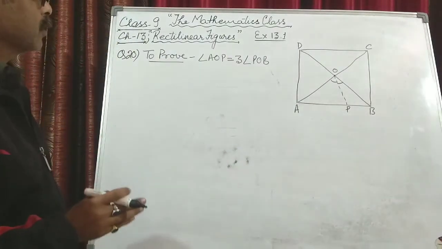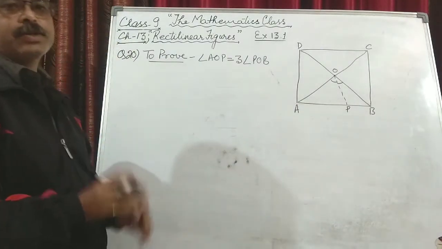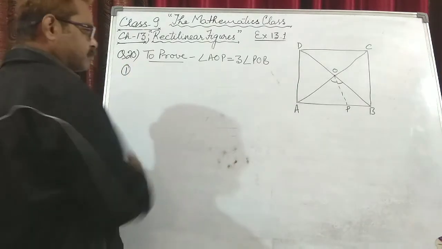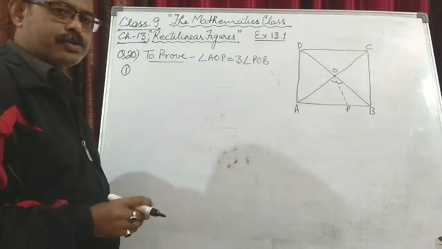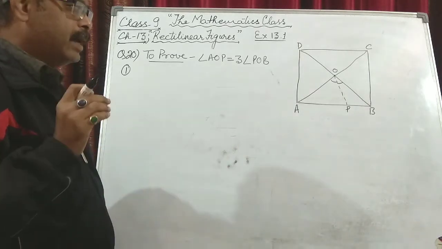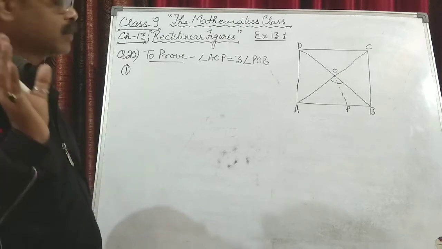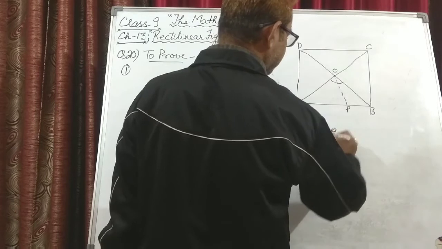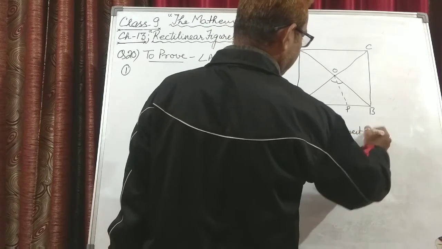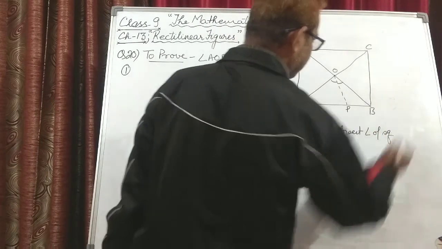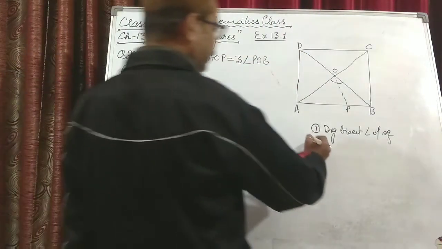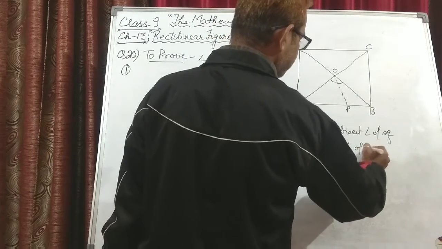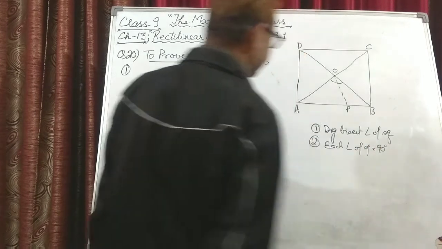Now to solve this question, if you know the properties of a square, it is very easy. Number one, first point, we know that the diagonals of a square bisect the angles of the square. Second thing, we know that each angle of a square is equal to 90 degrees.